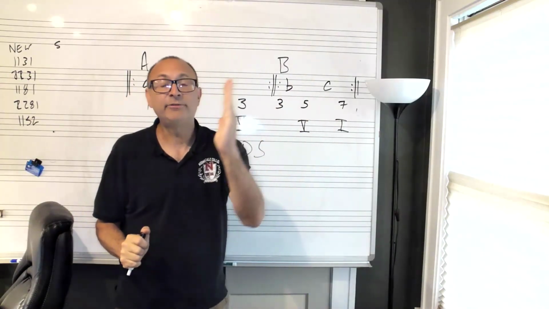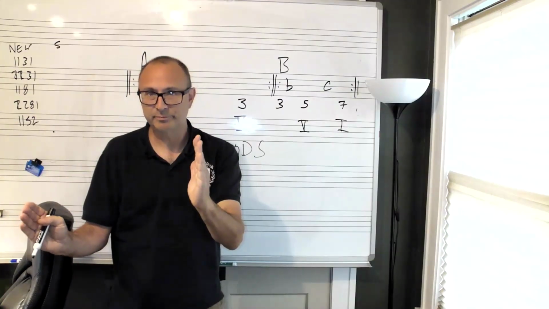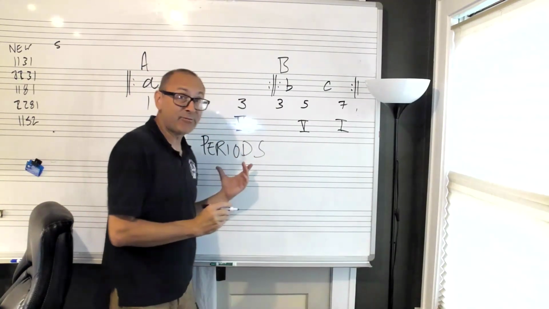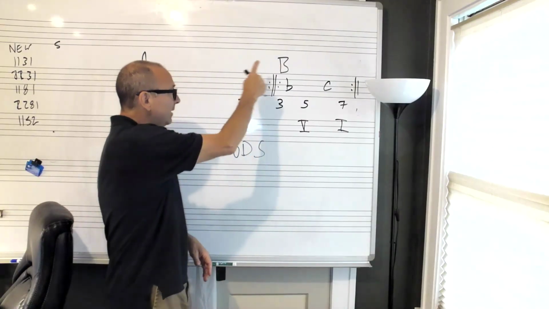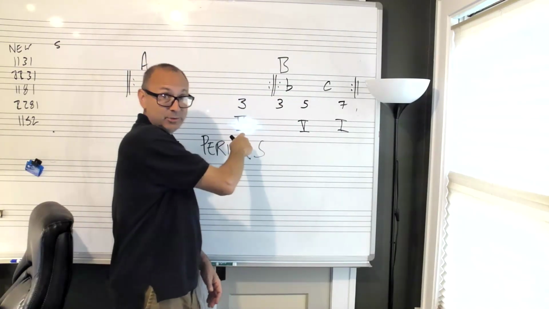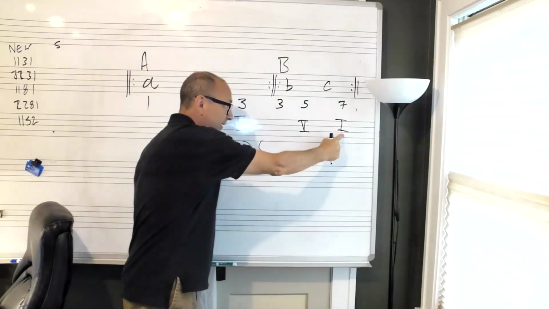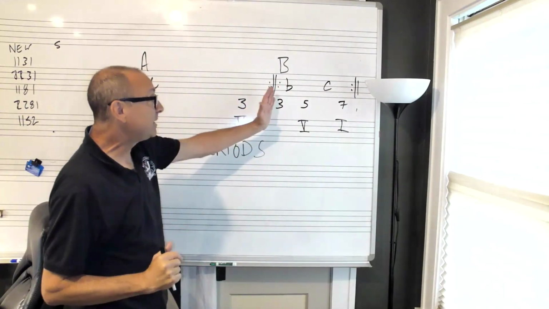The first phrase has a weaker cadence than the second phrase. So if we have a period, the first phrase will end on a dominant usually. The second phrase will end on a tonic. So in the B section here, we have a period.